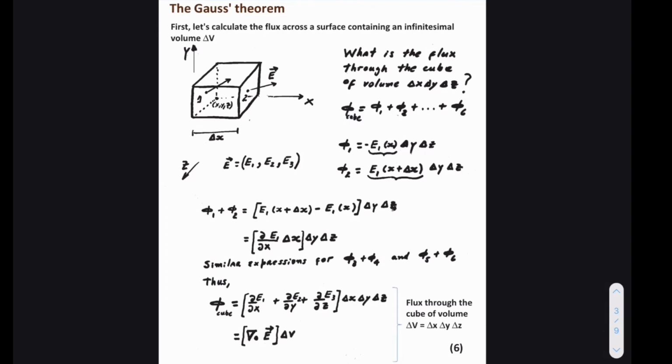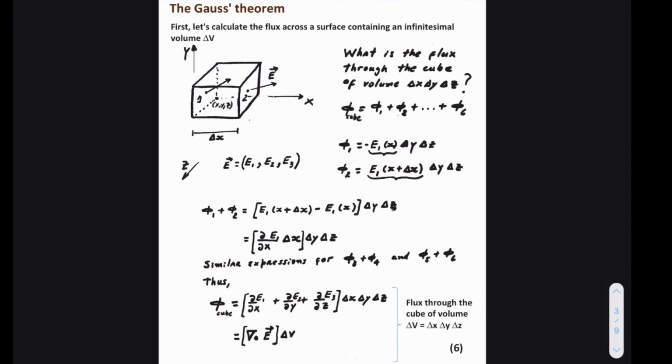So for the two surfaces perpendicular to this x direction, we got that the summation of flux is equal to the partial rate of change of the electric field in that direction times the volume of the element.